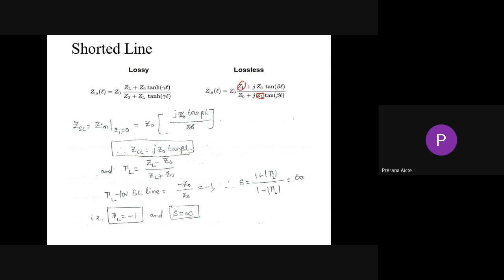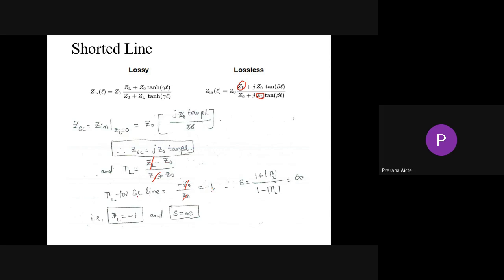Now, for a short circuit transmission line, Z of L is equal to 0. Therefore, only the remaining terms are left: minus Z naught divided by plus Z naught. So Z naught cancels, and it becomes minus 1.